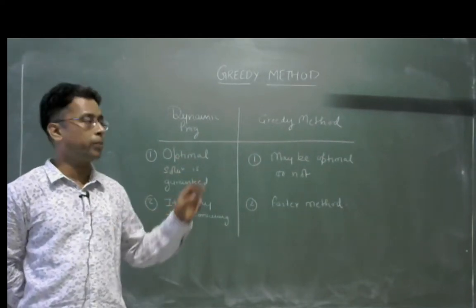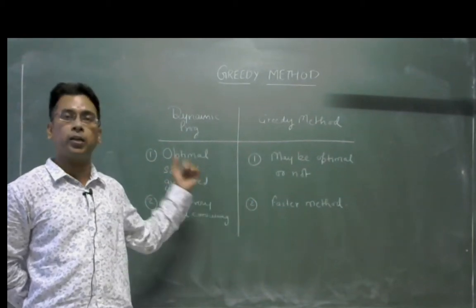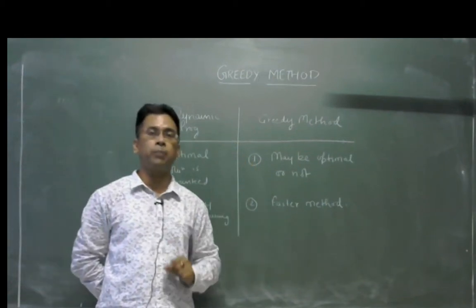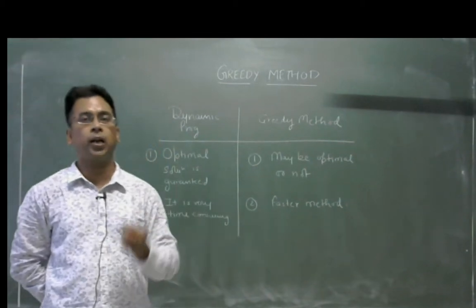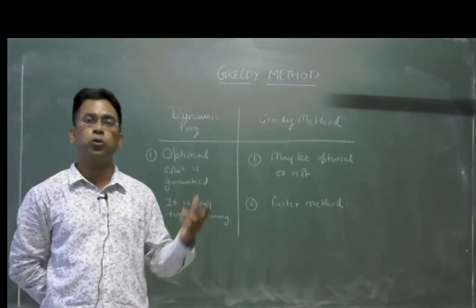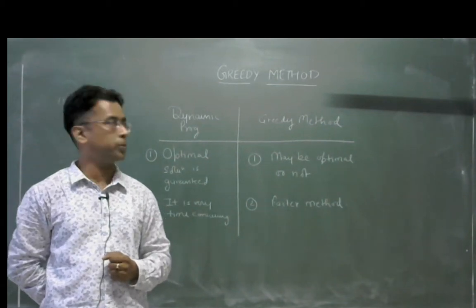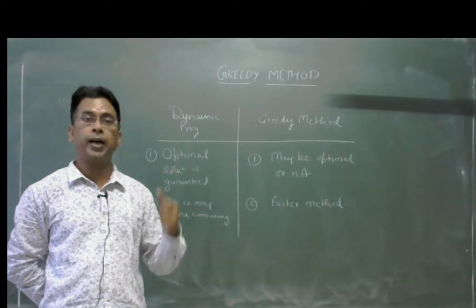I shall solve this problem in the next class with the help of dynamic programming also, but now I am focusing on the greedy method, and here I am going to give you two examples of the greedy approach. One is the greedy approach of activity selection, and another one is the greedy approach for the knapsack problem, the fractional knapsack problem. So first I shall start with the activity selection problem.